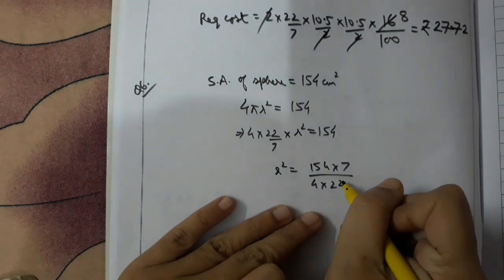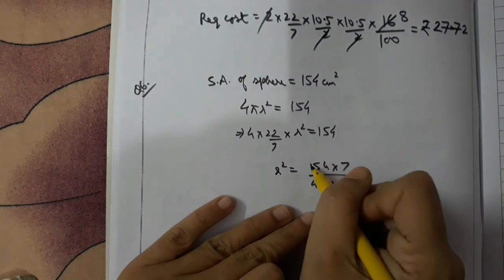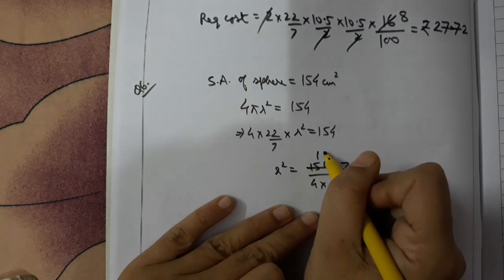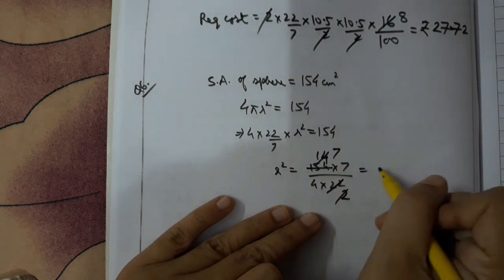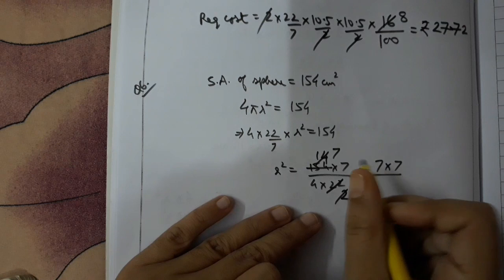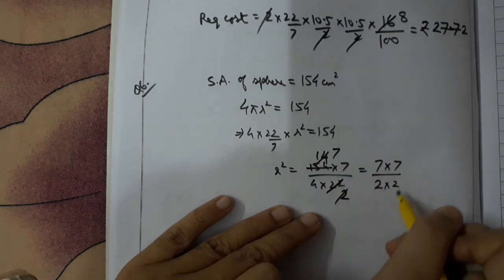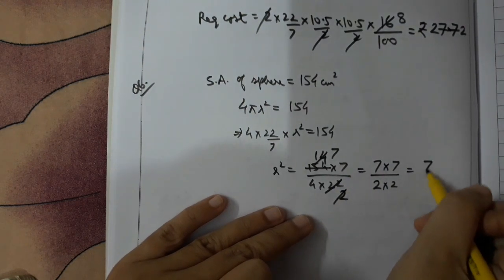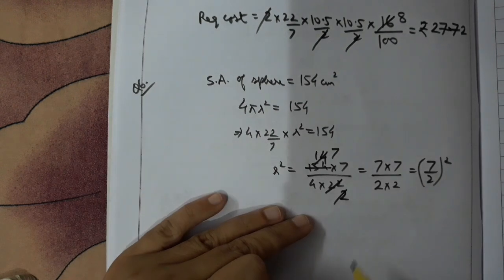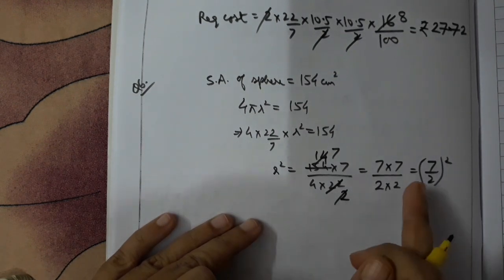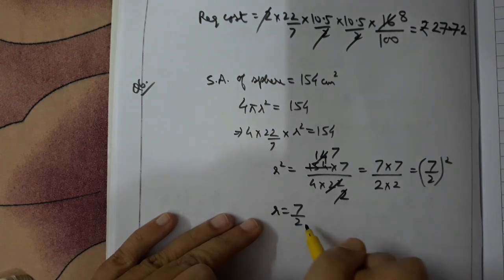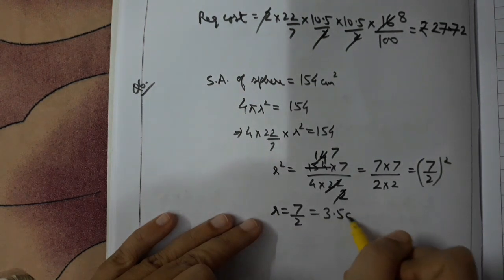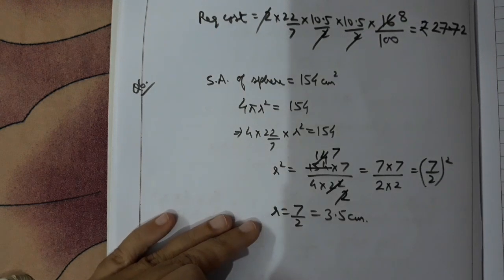Now let us simplify this. 11 2s are 22, 11 1s are 11, 2 7s are 14. So this comes out to be 7 into 7 upon 4, which can be written as 7 by 2 whole square. So r square is equal to 7 by 2 whole square. So r comes out to be 7 by 2 or 3.5 centimeters. So this is the radius of the sphere.